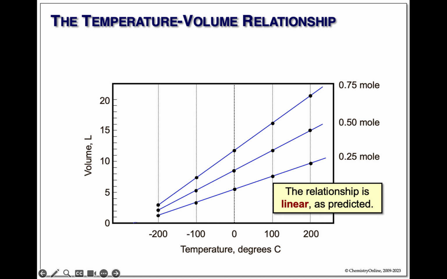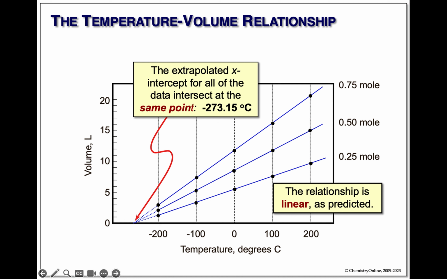But look at these lines. They're all heading down, aren't they? They're heading, it looks like, to the same spot. In fact, if you extrapolate each of these down, you'll see that all of these lines intersect at exactly the same spot.